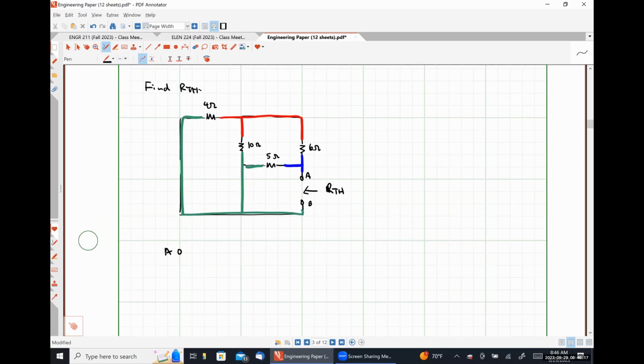Here's A. Here's B. So directly between A and B, I have a 5 ohm resistor, right? Because A is blue and B is green.